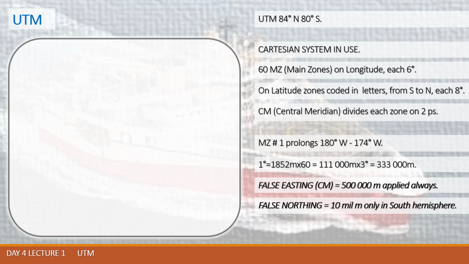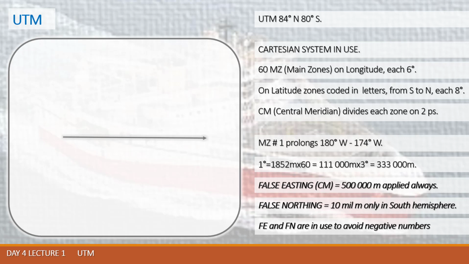Now we are going to find out how to determine the coordinate and how to read the coordinate in this projection. Let's draw the crossing of the axes, northing and easting. Northing is the meridian of the zone and easting is the equator position.